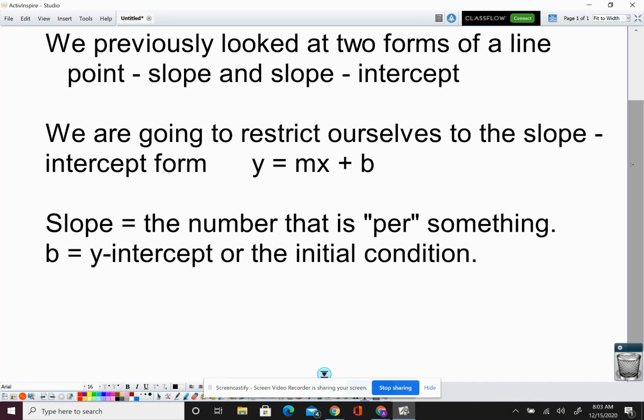You found that out by going backwards from her first week of having $20, even though they said she was putting $15 a week into the account. So that would be a case where there's some initial condition prior to something happening. So when we look at this section, like I said, we're just restricting it to the y equals mx plus b format.